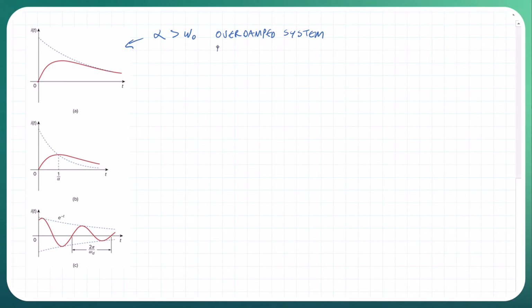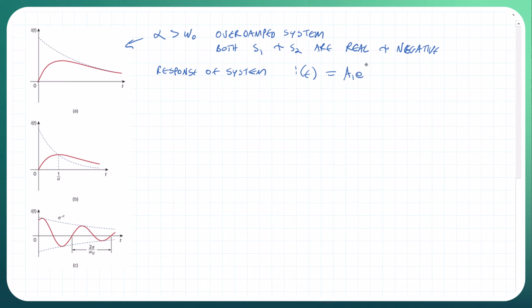So both S1 and S2 are real and negative. The response of the system is going to be defined as I of t equals A1 e to the S1t plus A2 e to the S2t.